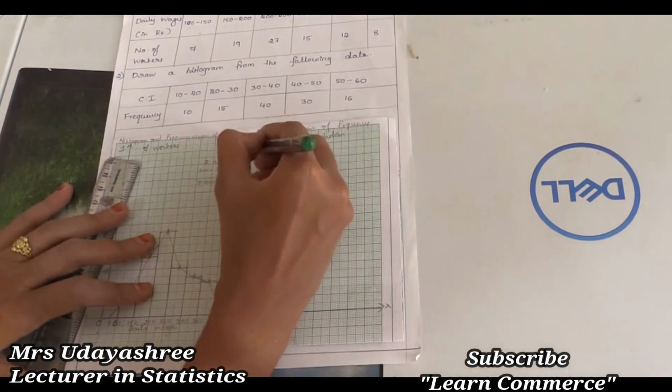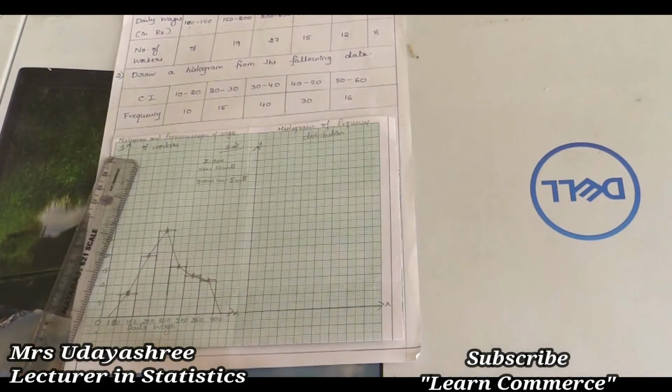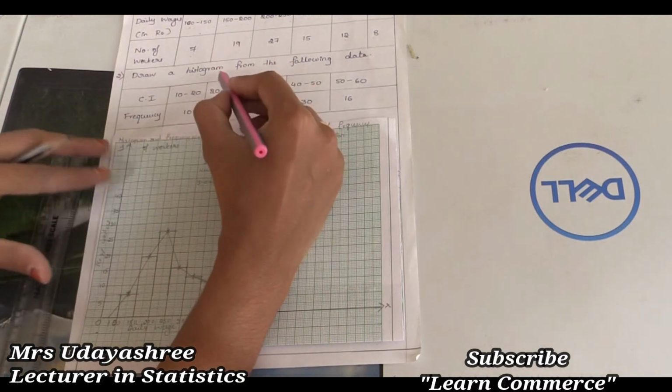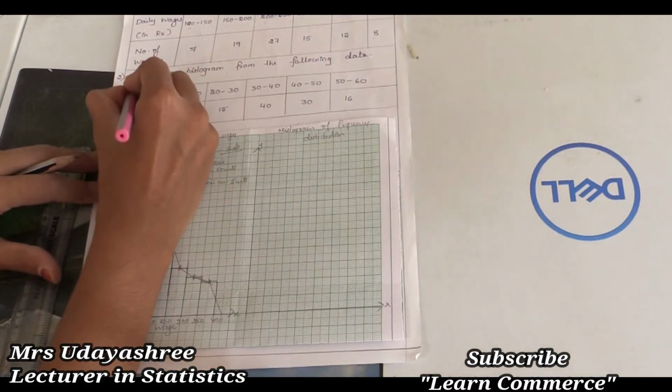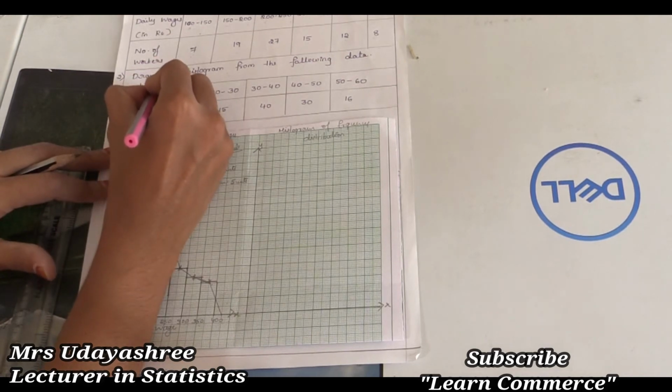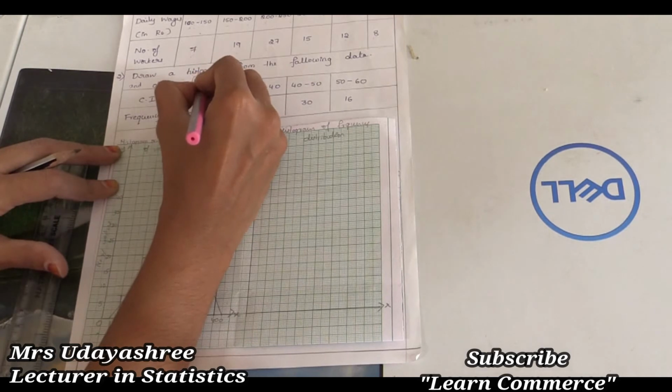This is x-axis and this is y-axis. Now I will add one more term here: draw a histogram from the following data and obtain frequency polygon.